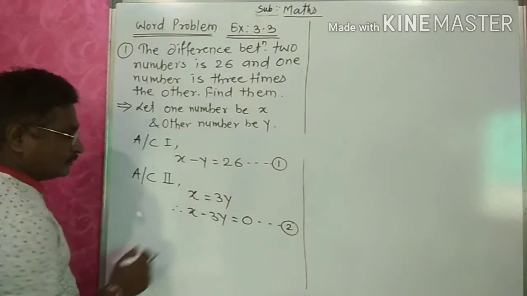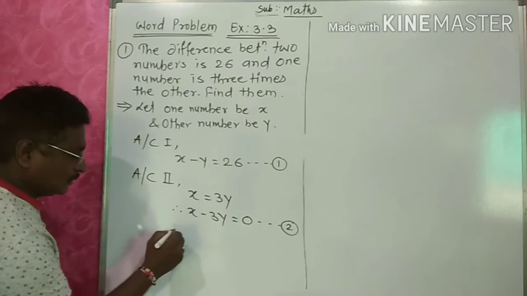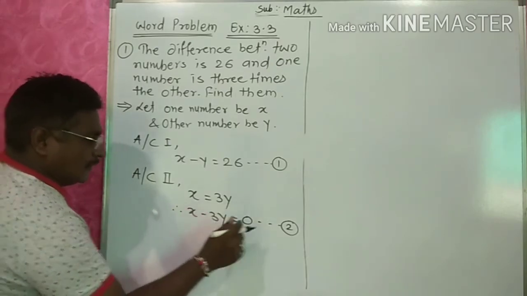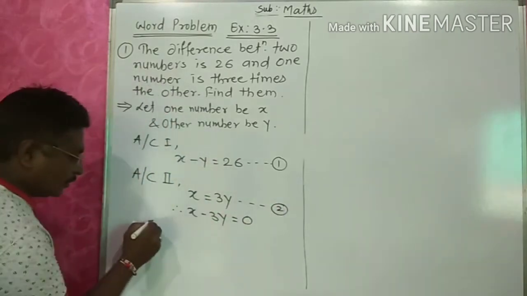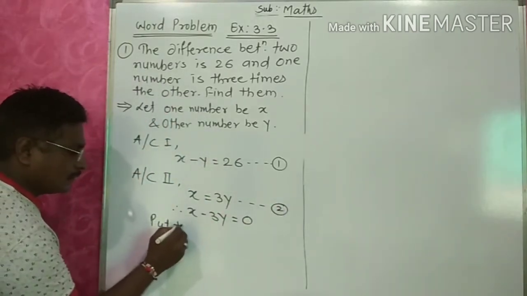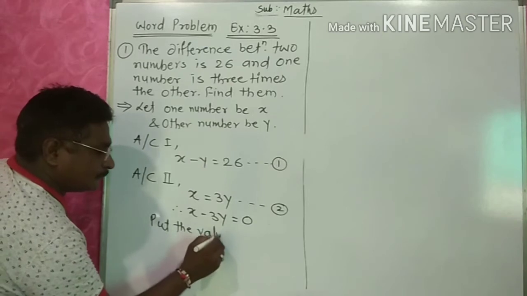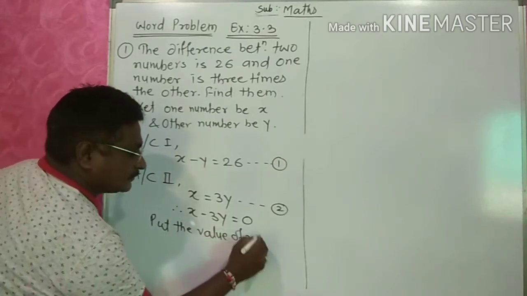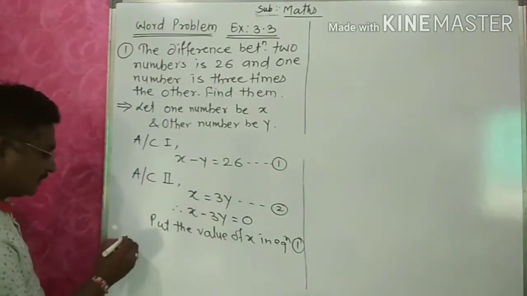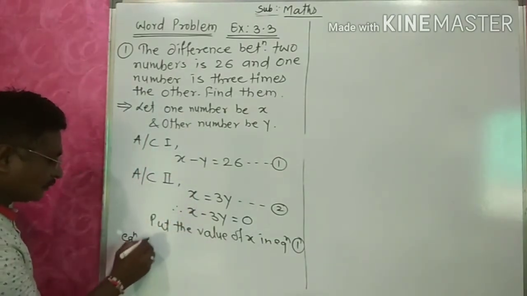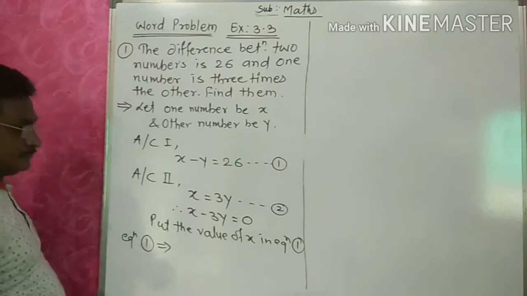So according to this, from equation number 2, put the value of x in equation 1. So what does equation 1 become?